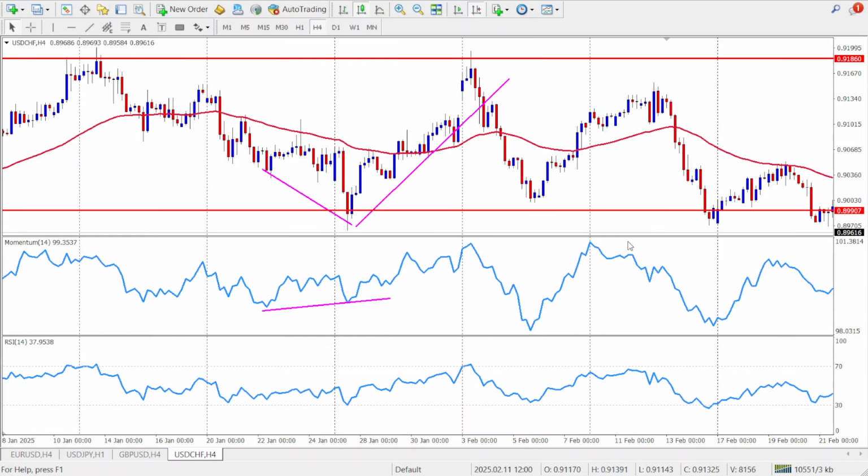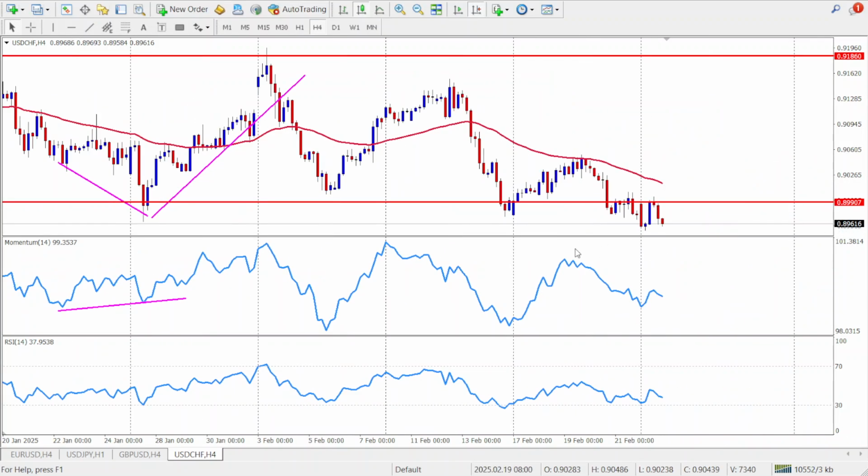So let us just go through an example of how you could use the momentum indicator to enter a trade. Let us consider a scenario whereby you are trading the USD CHF on the 4 hour chart. You identify a downtrend, and the price is staying below the 50 EMA, and the momentum indicator is also falling, confirming bearish momentum.